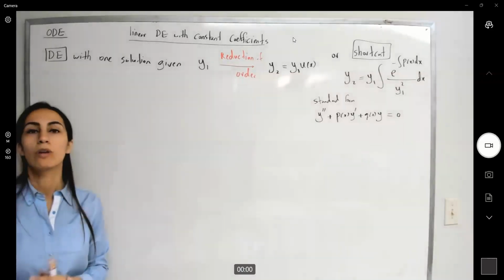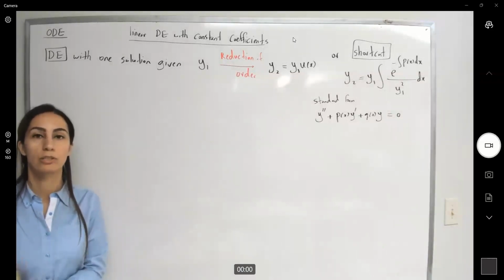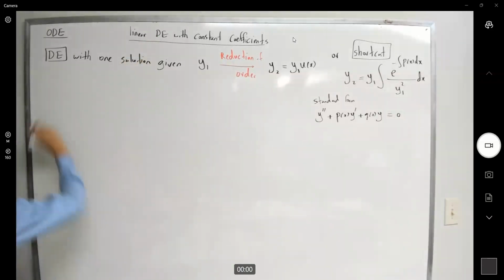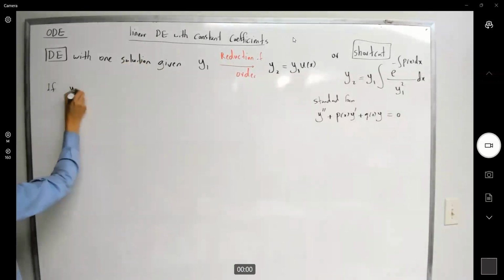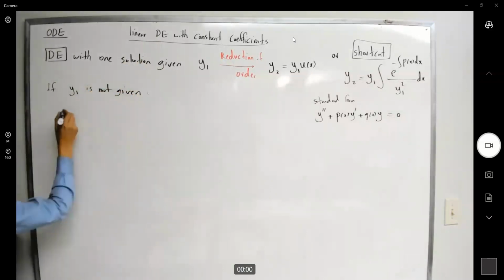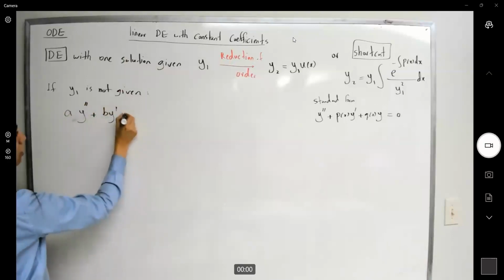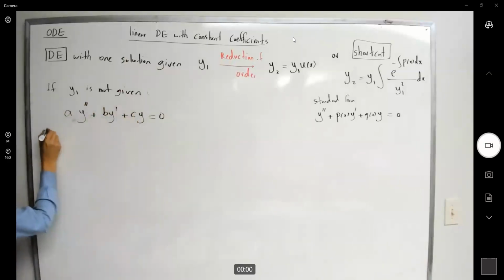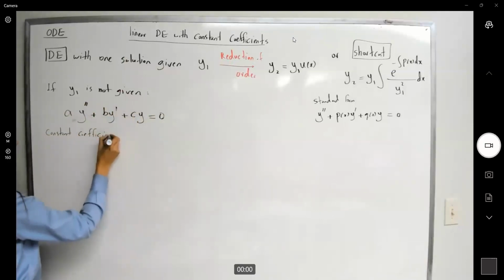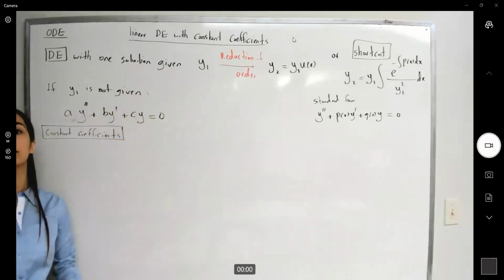Well, in many cases, we do not even have the first solution. We start classifying the second order differential equation into the linear differential equation with constant coefficients. If y1 is not given, and we have the general case a y'' plus b y' plus c y equal to 0, with constant coefficients, then we can form something that we call the auxiliary equation.